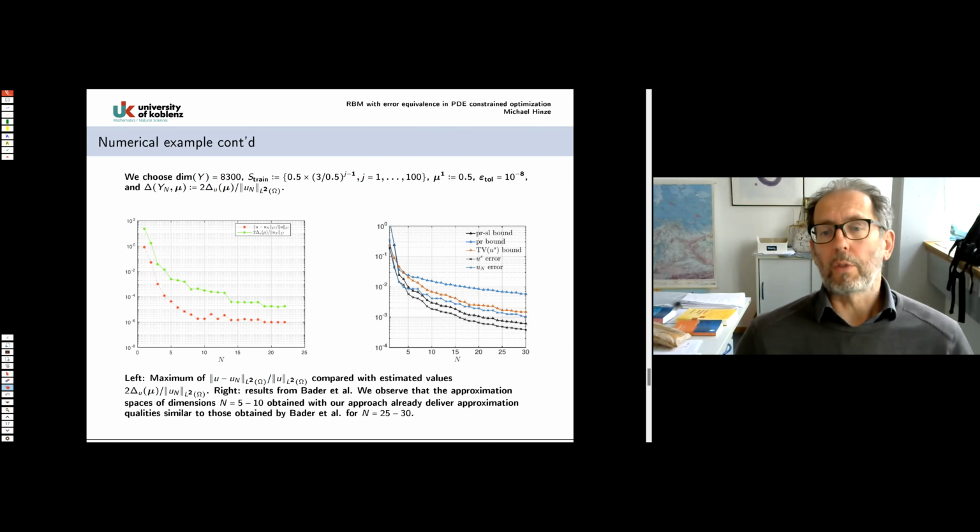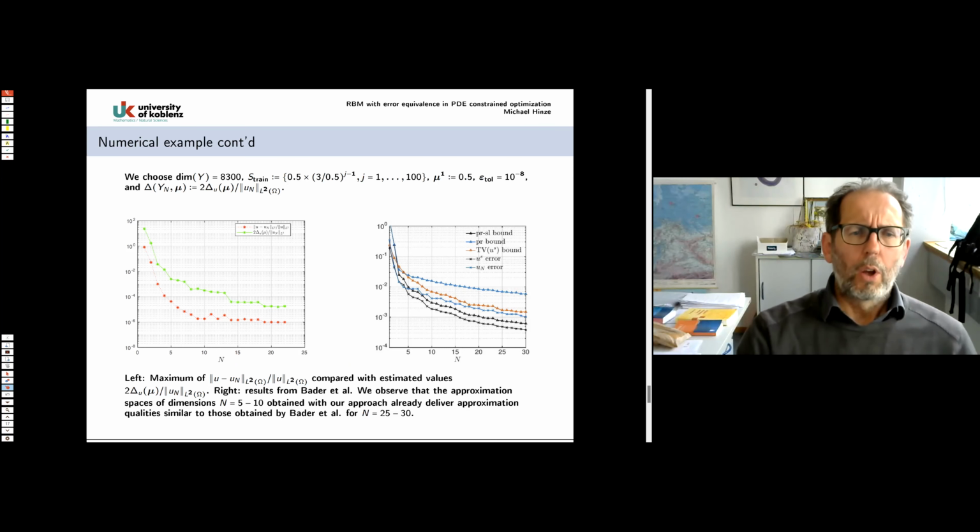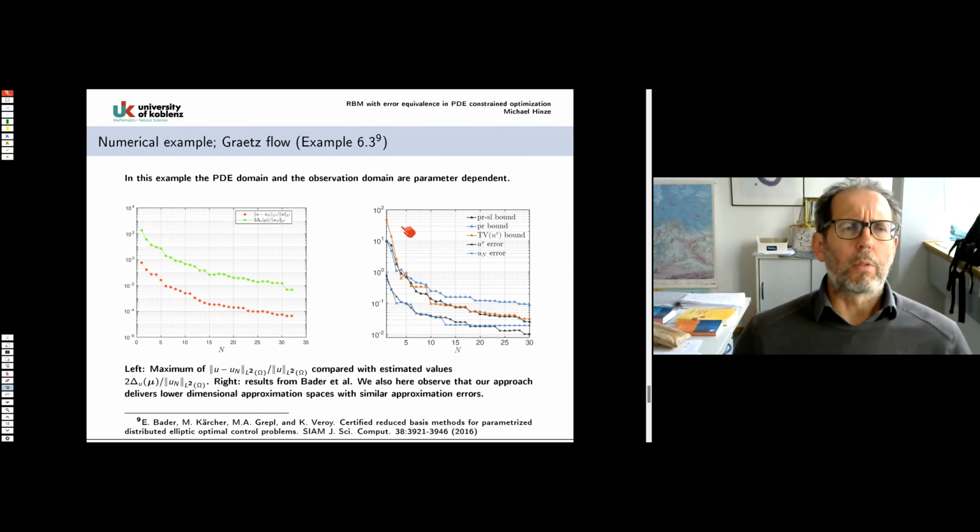And this is, of course, due to the fact that we do not involve discretization of the control. You can do this also for more demanding examples, also considered in the paper of Bader et al. And also there we see that we get an error reduction. Always a gap is there, of course, between estimator and true error. But again, if you look at the scaling here, you see that if they go for the best they can do, it's the black guy here.